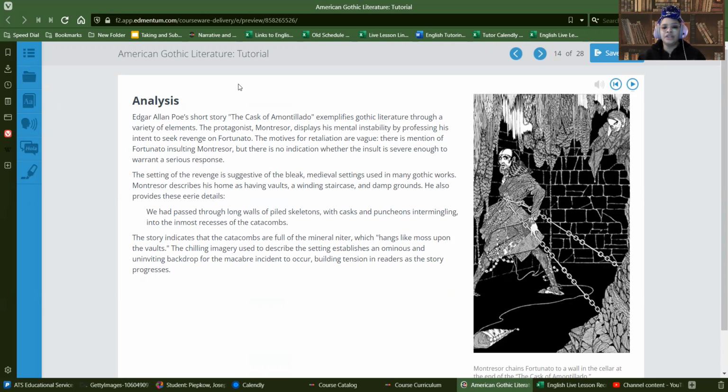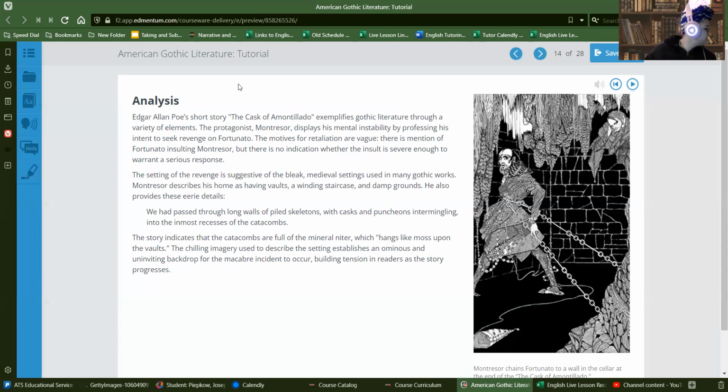And the setting that the story takes place in sets the mood for the entire story. That's a Gothic thing. When you're in a dark, dank, awful place, and the point of being in there is to foreshadow what's going to happen, you know nothing good is ever going to happen there. That's part of Gothic literature.